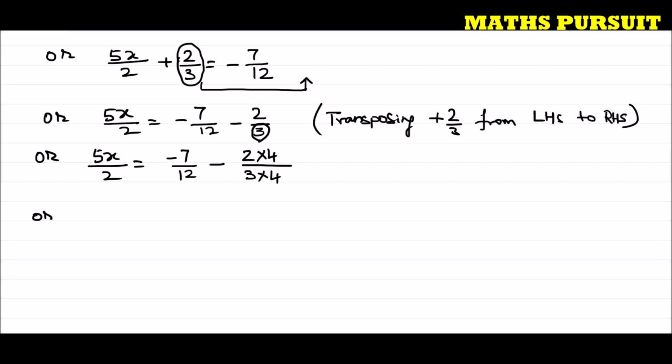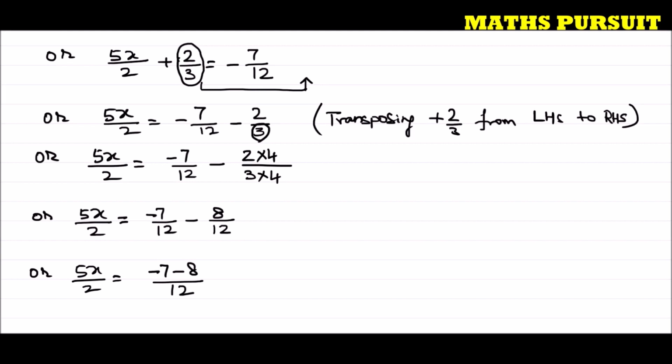So 5x divided by 2 is equal to minus 7 by 12 minus 8 by 12. Or I can write 5x by 2 is equal to minus 7 minus 8 by 12, because here both the denominators are 12, so the LCM is 12.